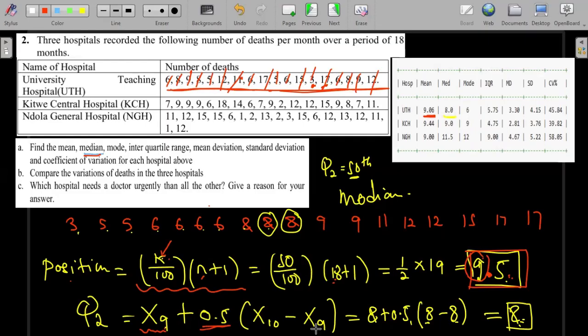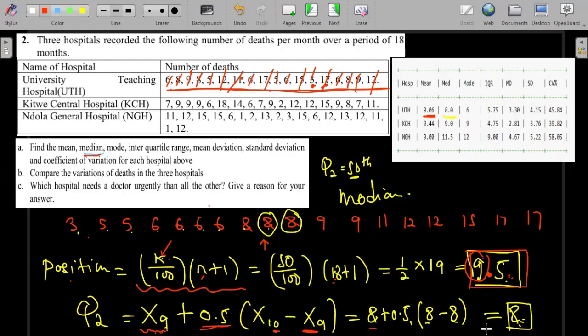And then in the brackets, you're going to say the x value that is one step ahead of this ninth position. So that is the x value at the 10th position minus the value at the ninth position. That's what I did there. Okay. So now the value at the ninth position, you just count in this organized data set that you have. It gave me this 8. So I wrote 8 and then plus the 0.5.